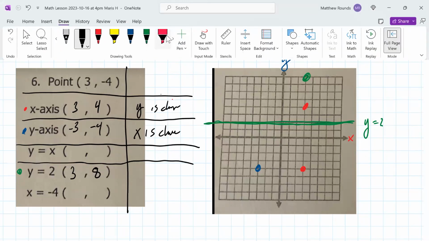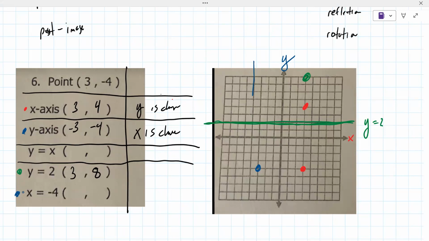Let's see if I got any other pen colors here. We'll go back to blue. So x equals -4 is this line here. You're starting from that red dot. You're just counting 1, 2, 3, 4, 5, 6, 7. You go out 7. You don't really have anywhere to draw it, but you can imagine going out 7 to get to it. What would that ordered pair be?